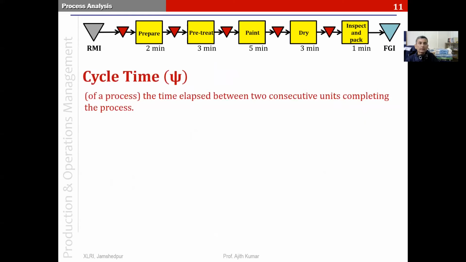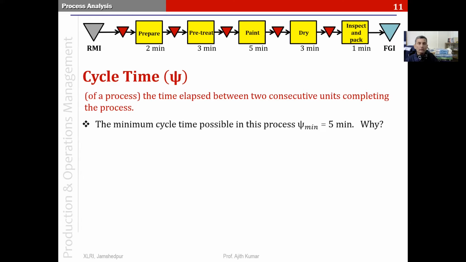Next, let's move on to the concept known as cycle time. Cycle time here is denoted by psi, and cycle time refers to the time elapsed between two consecutive units completing a process. You can see here we have the units going through this process. They emerge at the end of the process. So you can think, how long will it take for two consecutive units to come out?